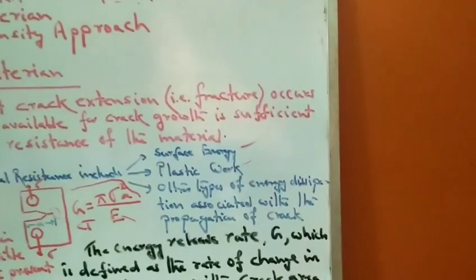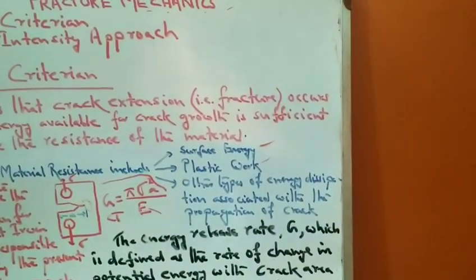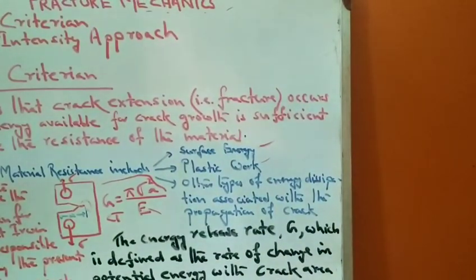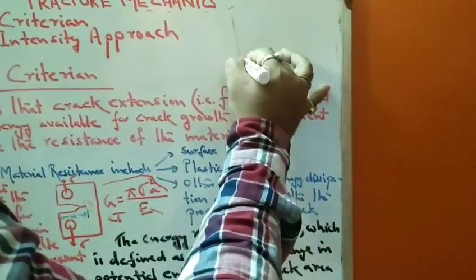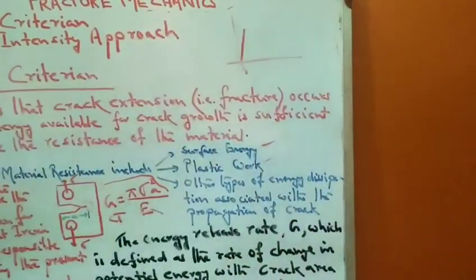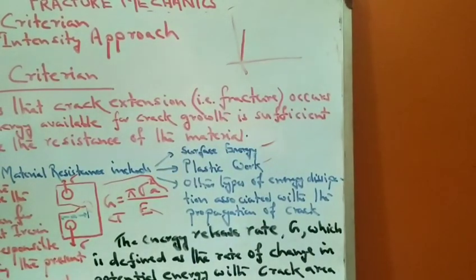Now how to define it? The energy release rate G is defined as the rate of change in potential energy with crack area for a linear elastic material. Now what is a linear elastic material? If the material behaves like this, that is called a linear elastic material. What is the demand of elasticity?